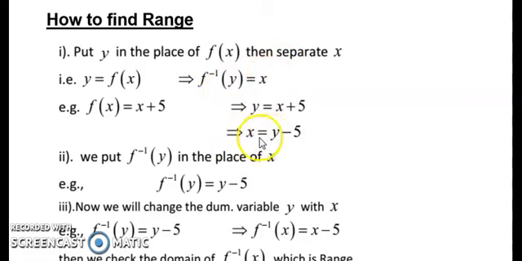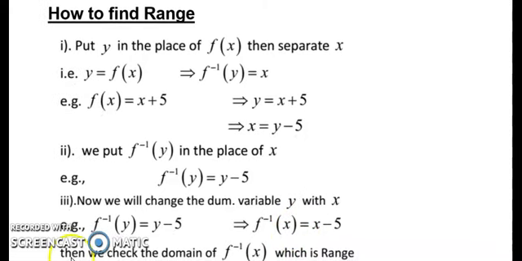Now we will change the dummy variable: instead of y, replace it with x. Then we check the domain of f inverse of x, which is our range. Now what is the range? The domain of this function is the range of f of x, that is x plus 5.